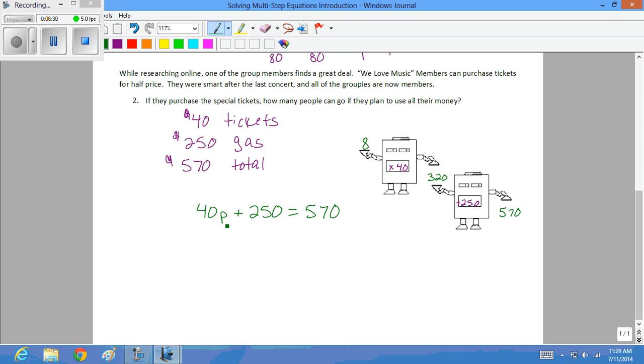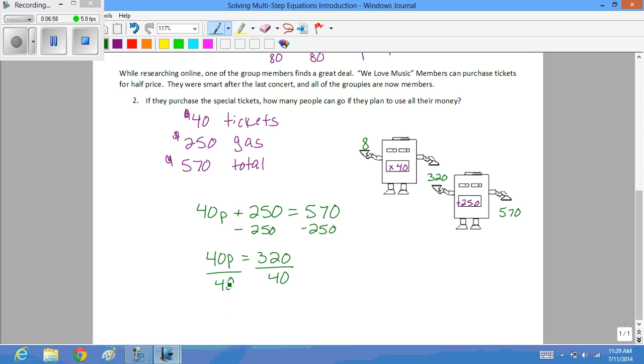I'm going to solve for this variable. So I'm going to undo everything around it. So to undo a positive 250, that's when I subtracted. I drop down that 40p. They are gone, and I end up with 320. Again, I realize that this is multiplication, so I'm dividing by that 40 on each side using that division sign.